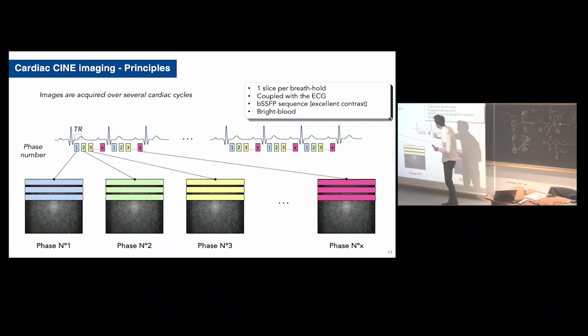The first part of the ECG will fill the first line of the first phase. The first part of the ECG for the second heartbeat will fill the second k-space line, and so on and so on. In practice, we have between 20 and 30, 35, 40 cardiac phases that we will collect, depending, of course, on the heart rate of the patient.